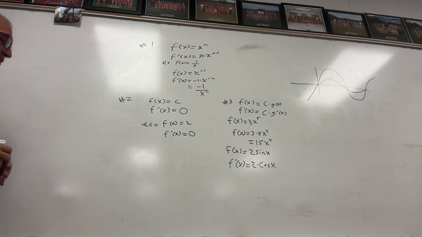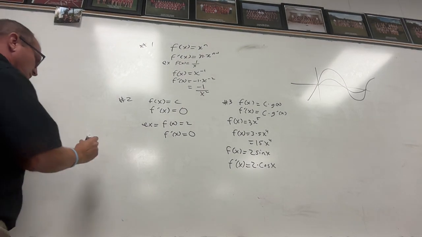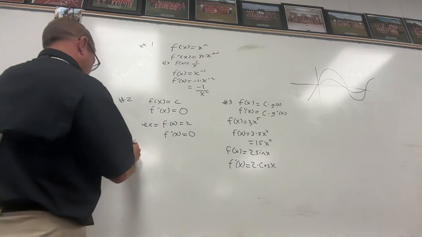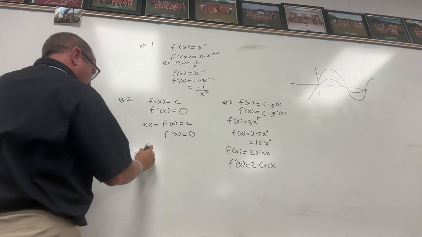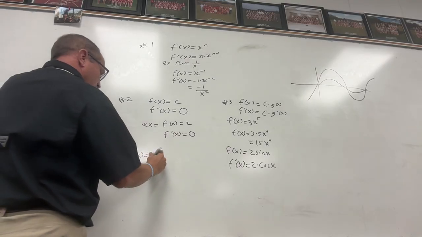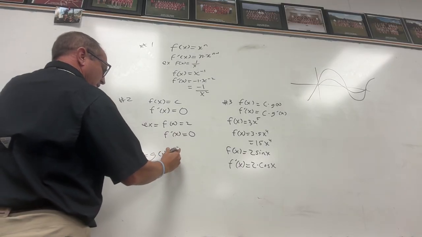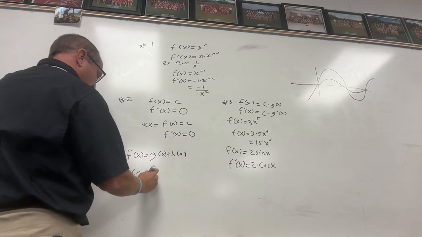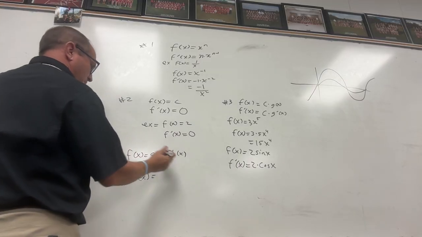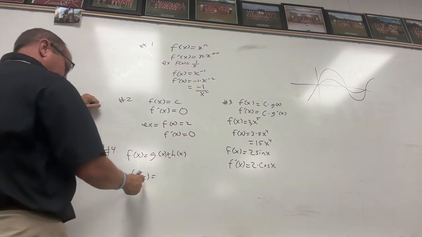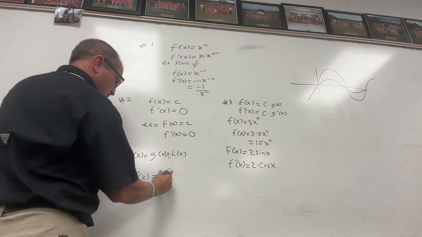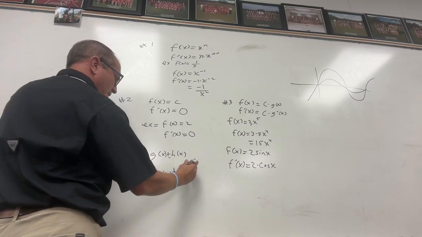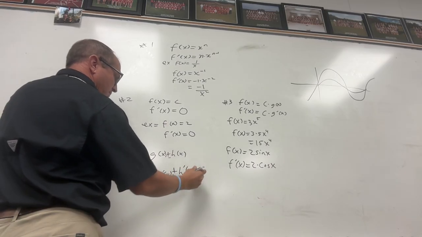And then finally, we've got the addition and subtraction shortcut. It says if we have f of x equals g of x plus h of x, then f prime of x is going to, I should say plus or minus, f prime of x is equal to g prime of x plus or minus h prime of x.